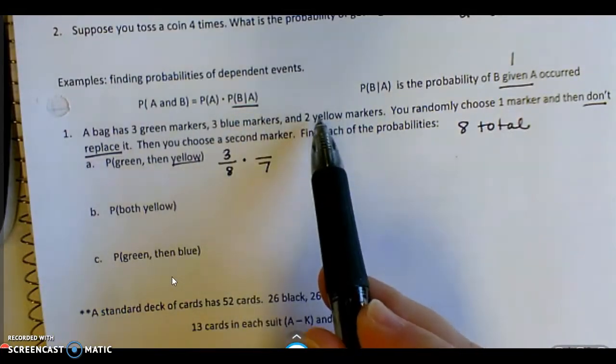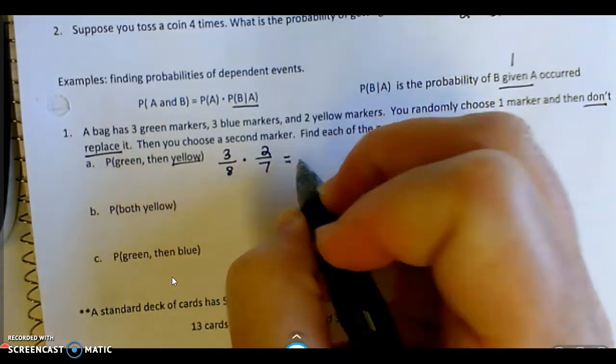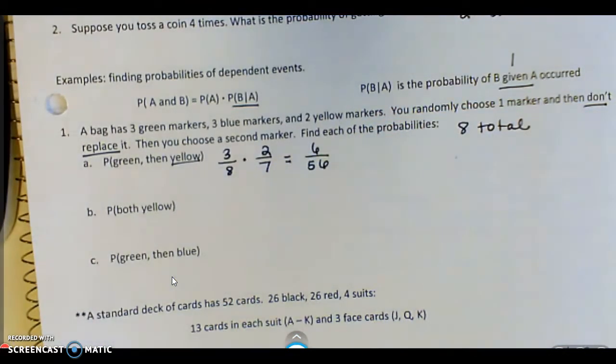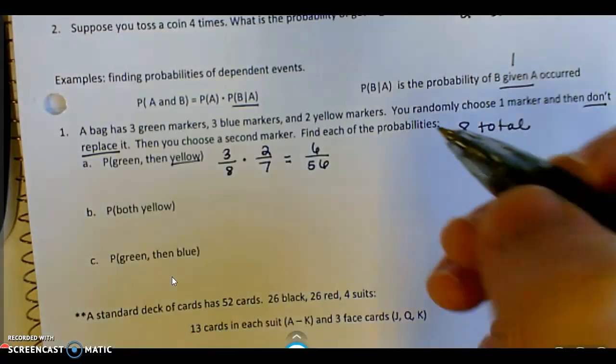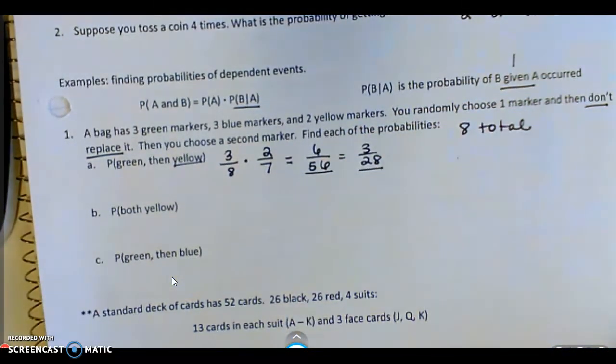Well, that means there's 2 yellow still in the box. So I put a 2 there and then I multiply. That would be 6 over 56. And on these you can leave it like that or you can reduce it. It does not matter to me. 6 over 56, if I reduce that, would come out to be 3 over 28. But both of those will be okay.